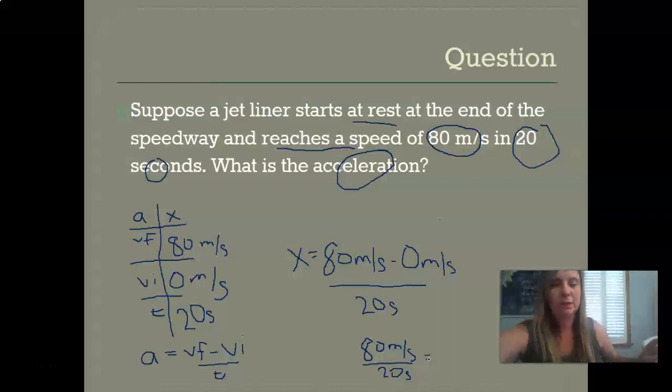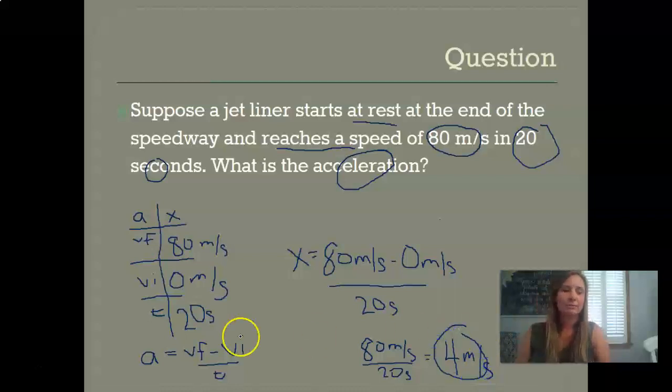I can't find it. Well, it would be 4, right? It should be. If I can do math in my head, which I should be able to. I still can. So 4 meters per second. So that's our final answer, 4 meters per second.